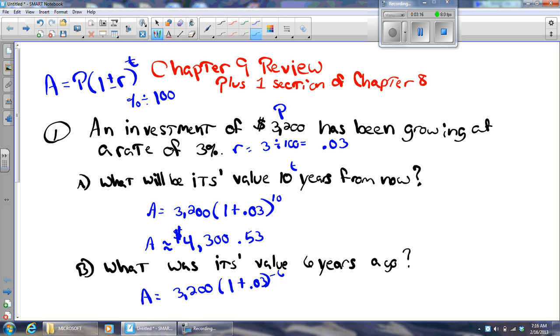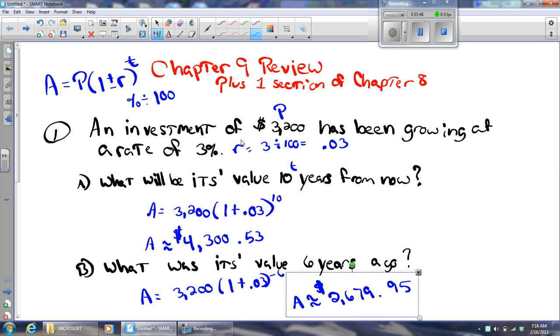And it looks like I'm going to get about 2679.95. So A is approximately $2,679.95, and that is a rounded answer. I came up with a decimal of 0.949621, and since we're talking money, I rounded to the hundredths place, and there you go.